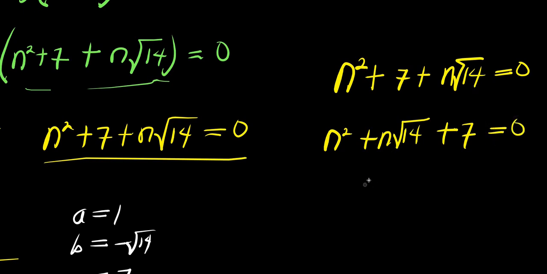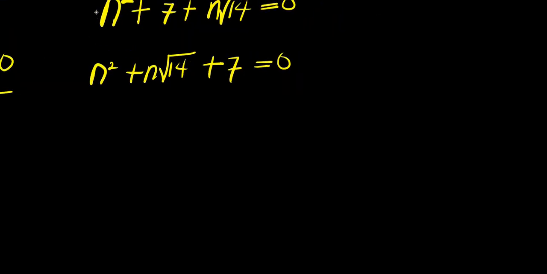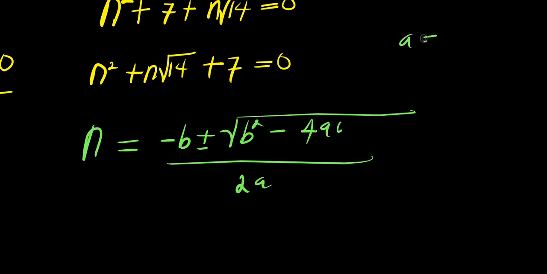So let's solve it using the formula method. You write the formula in respect to n. So what we are going to get will be n equals negative b plus or minus square root of b squared minus 4ac, divided by 2a. a equals 1, which is the coefficient of n squared. b equals root 14 and c equals 7.